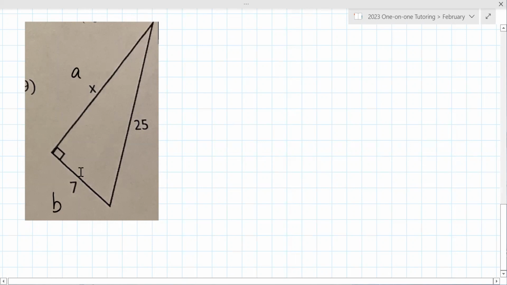Oh, this is different? That's why I said this one's different. a squared plus b squared equals c squared. x squared plus 7 squared equals 25 squared. So when you're looking at a problem, you have to decide if the legs are given or the leg and the hypotenuse.